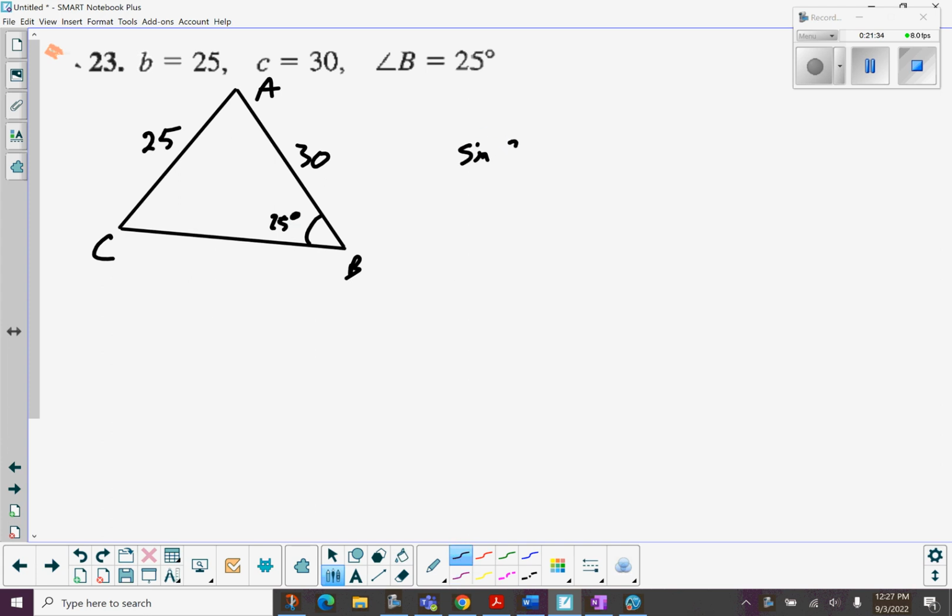That hopefully won't be too tough here. So I could say the sine of 25 degrees divided by the length of side B, which is 25, is equal to the sine of angle C divided by, they gave me the length of side C is 30. Multiply both sides by 30.